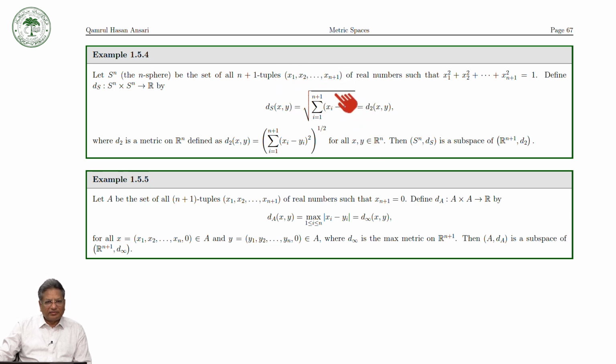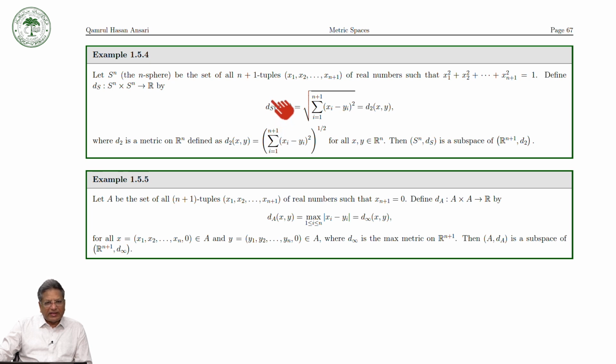But this is what? You remember that we have defined a metric d2 in this way. This is the metric we have defined on Rn plus 1, or up to n, it is the metric on Rn.